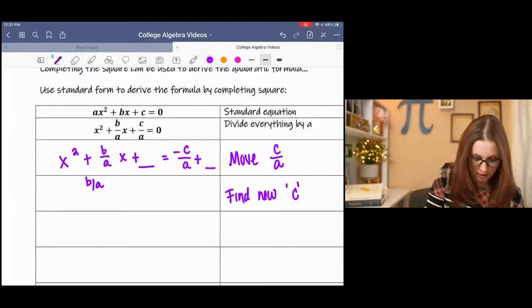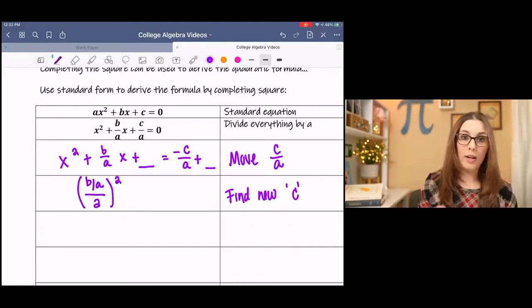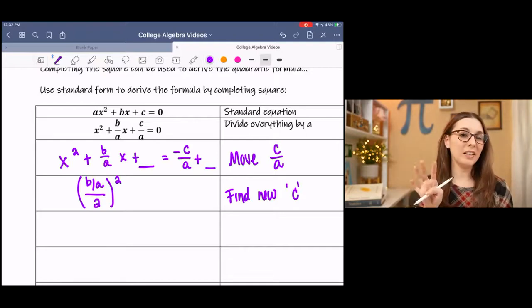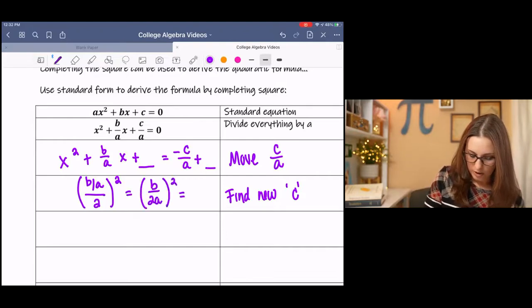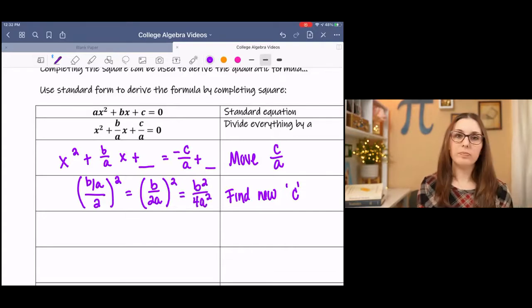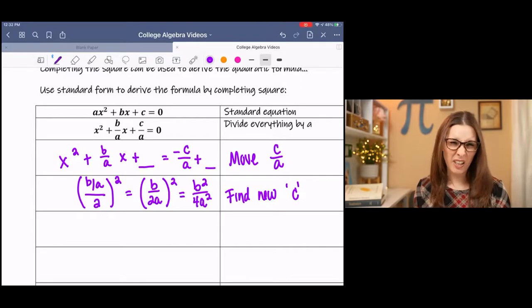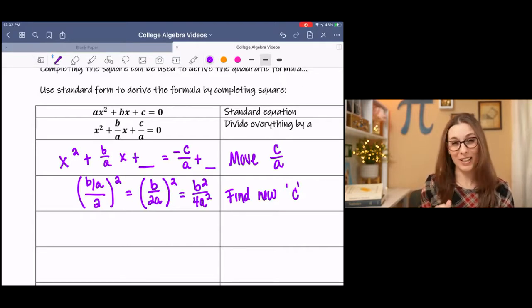We're halving it, and then we're squaring it. It's going to take a little bit of algebra here. This is going to be inside b over 2a. And then when we square it, we get b squared over 4a squared. So it's a little bit yucky, but hang in there. It gets better, I promise. This is so neat how it turns out.